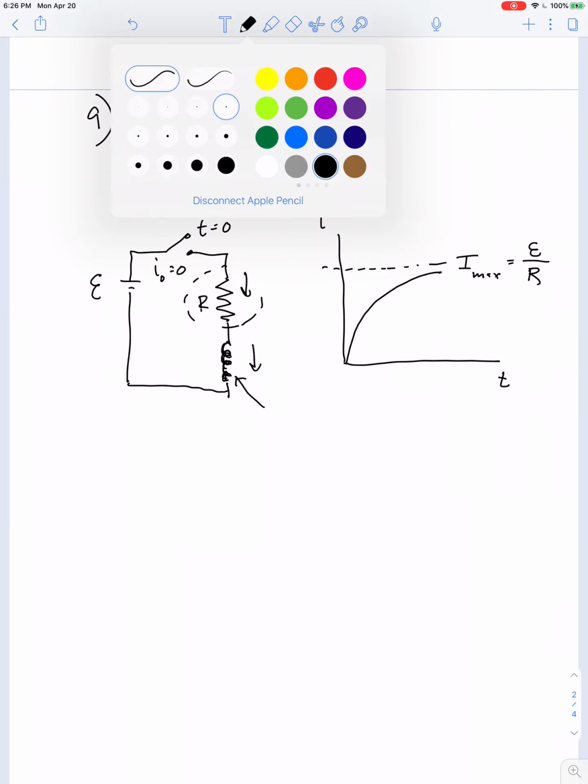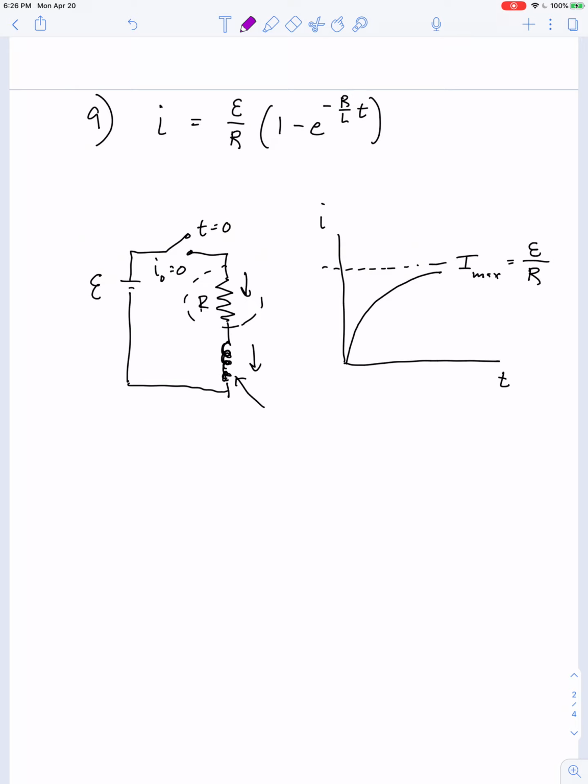So we can mark out a special spot on here. We'll say at this point, the time it takes to reach 63% of the maximum current is what we call the time constant tau, and that time constant tau is equal to resistance divided by inductance.